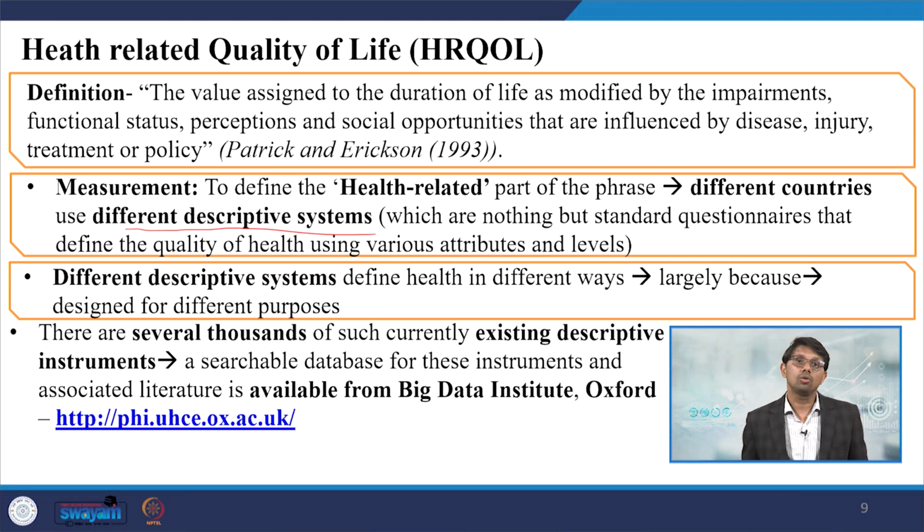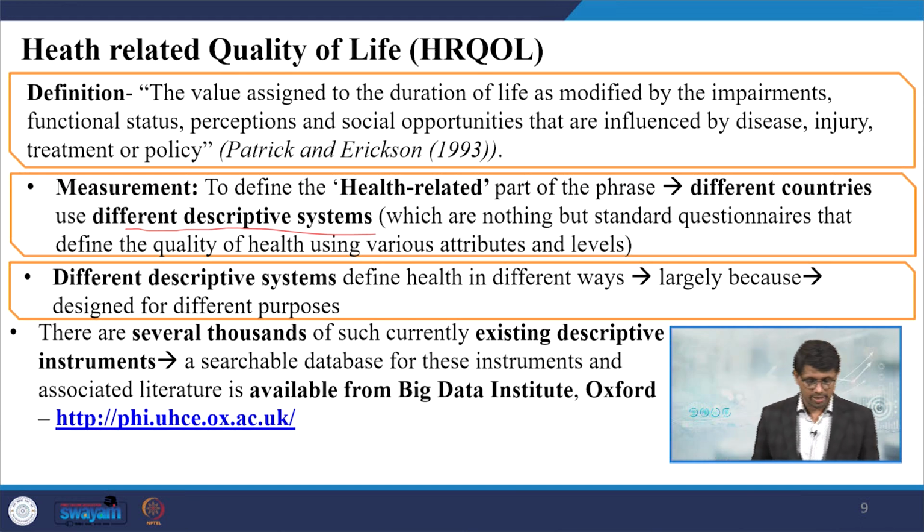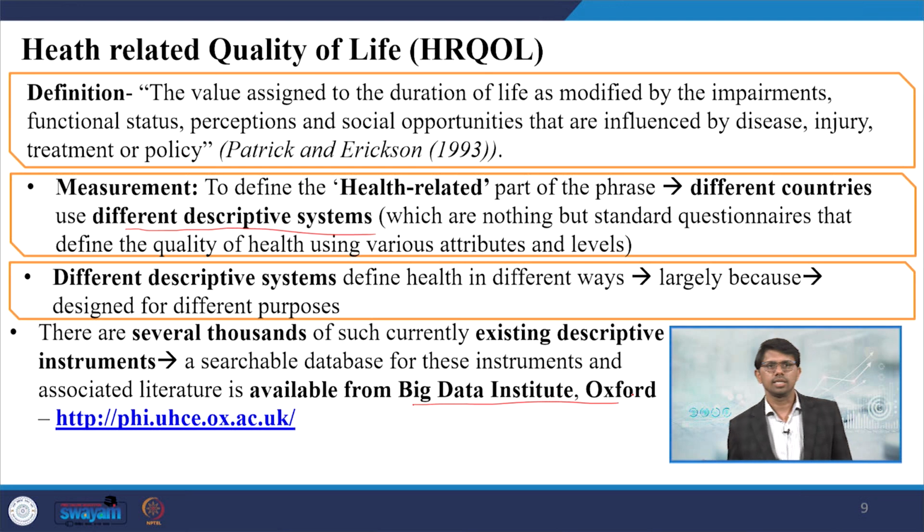There are several thousands of such currently existing descriptive instruments. A searchable database for these instruments and associated literature is also available in the Big Data Institute of Oxford. You can just follow the link, and some changes are there, you may please try to find out.